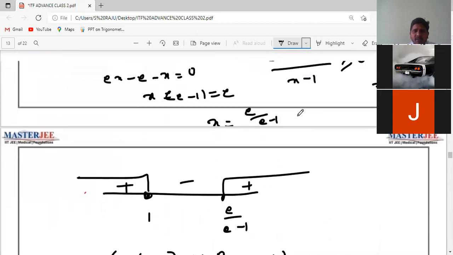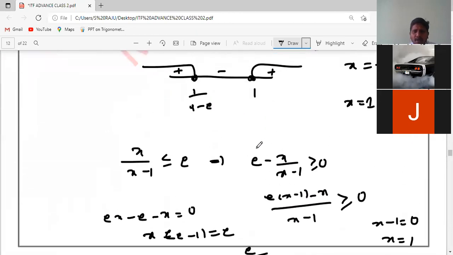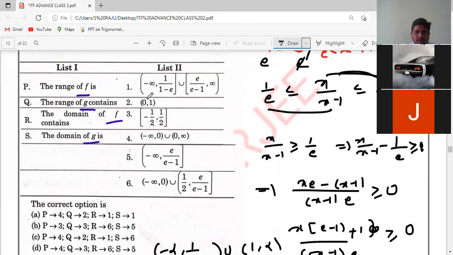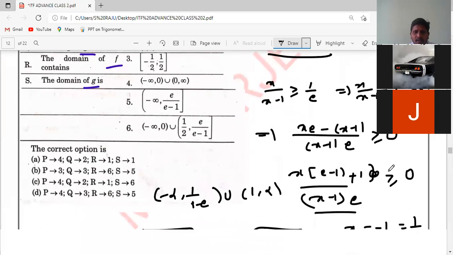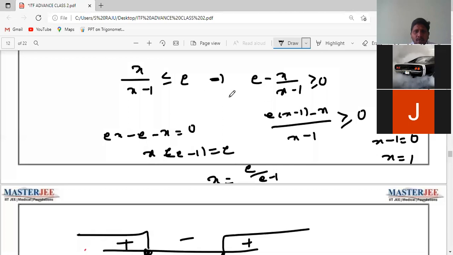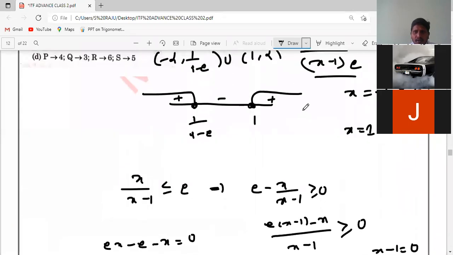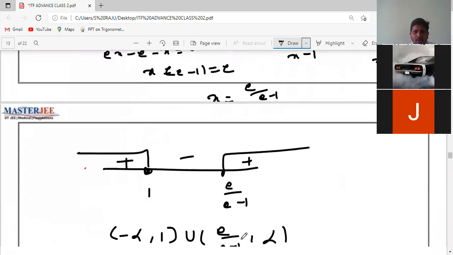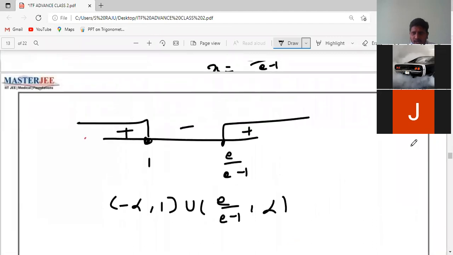When I observe here, what is the common region for this interval?